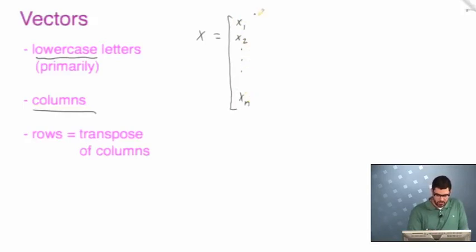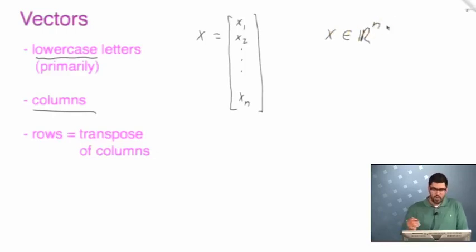So this vector is of length n, and the notation I'm going to use to say that it's of length n is this notation: x is in R^n. Okay? So this is just a shorthand mathematical notation, and you'll get used to it if you haven't seen it before. But x is your vector.